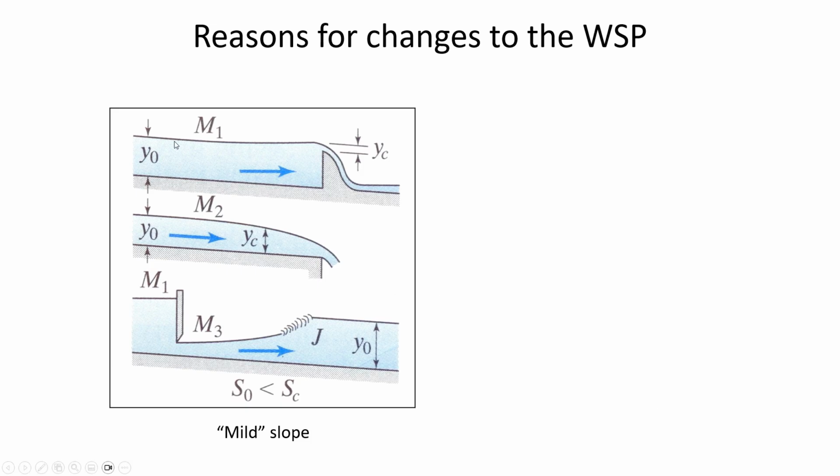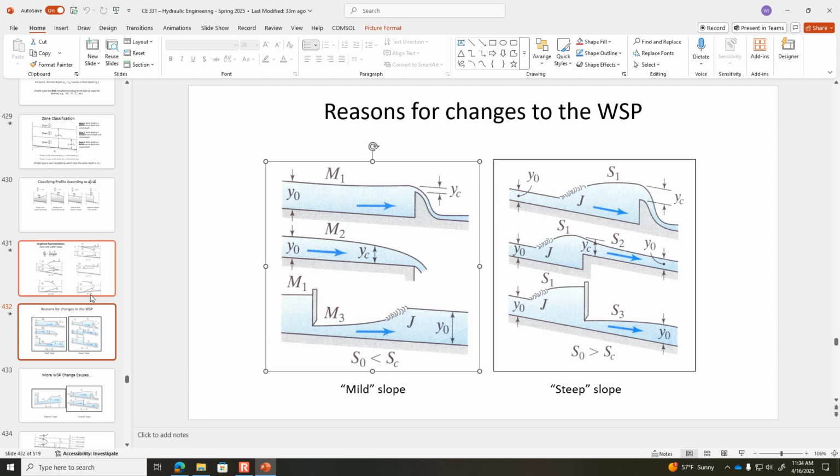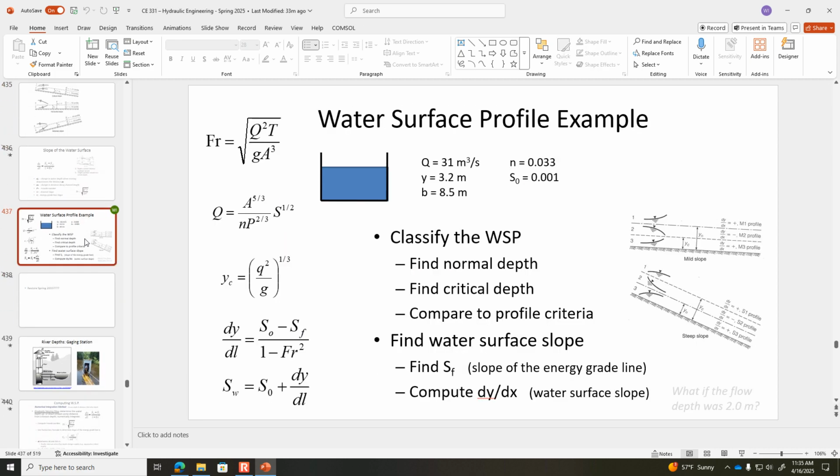In the M1 profile, the water is still getting deeper in the direction of flow, but relative to horizontal, the water's still flowing downhill. It's not getting deeper relative to horizontal. It's only getting deeper relative to the channel bottom. So any questions on this water surface profile example?